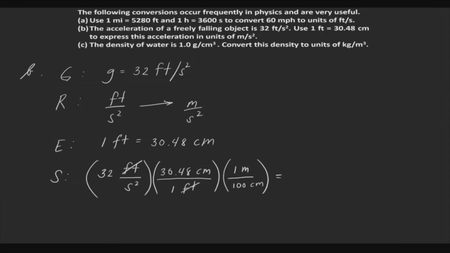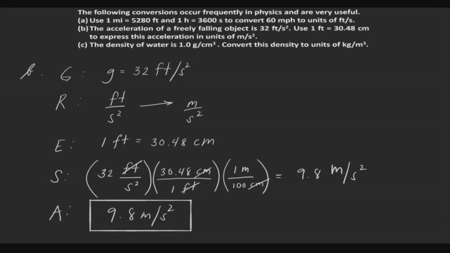We cancel out the unit of feet. Then we multiply that answer by 1 and then divide it by 100. We cancel out the unit for centimeters. We have the answer 9.8 meters per second squared. So our final answer is 9.8 meters per second squared.